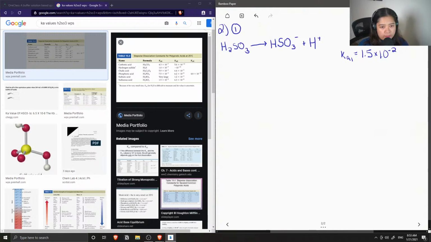And the reason I wanted to find the Ka value is so that I can also calculate pKa1. So the equation for pKa is equal to the negative log of our Ka value, which is 1.5 times 10 to the negative 2. And then I can calculate the pKa of this reaction to be 1.824.